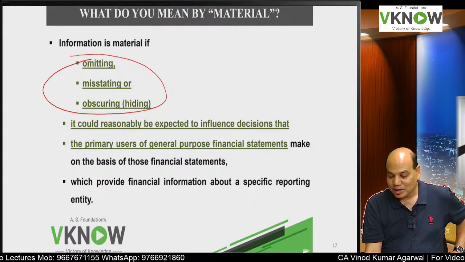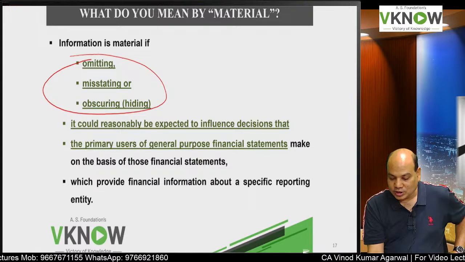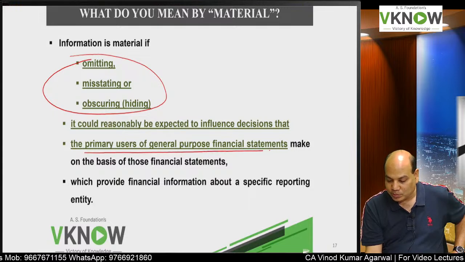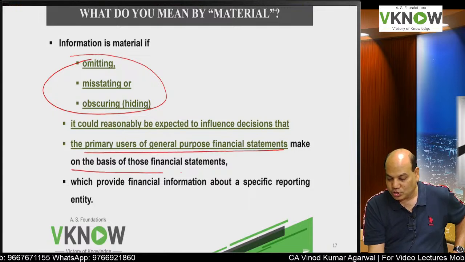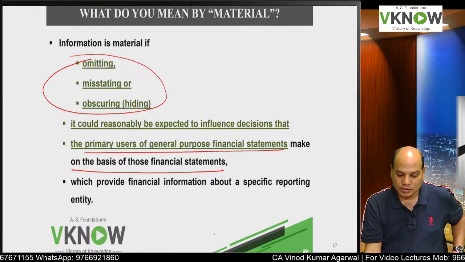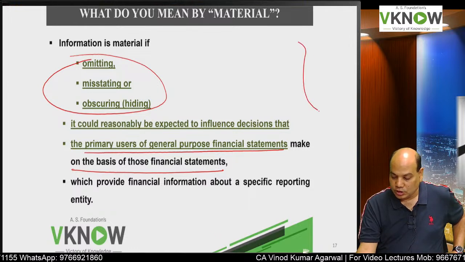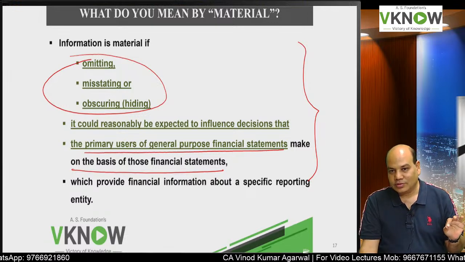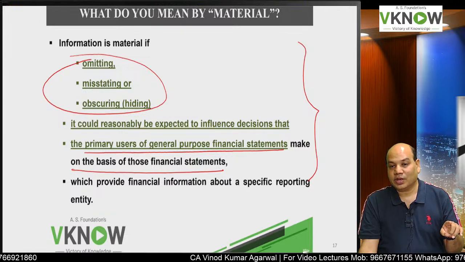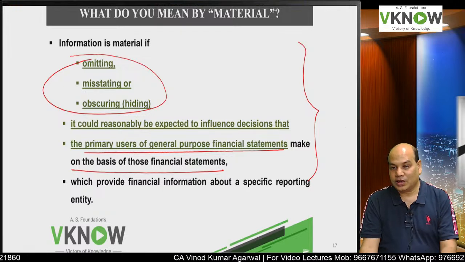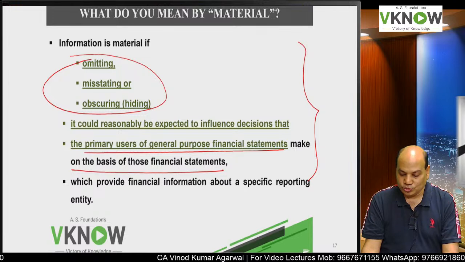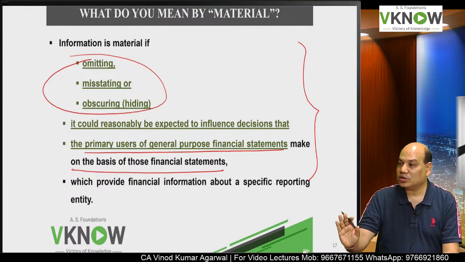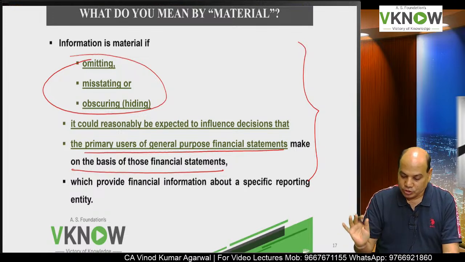It could reasonably be expected to influence decisions that primary users of general purpose financial statements make on the basis of those financial statements. So if information is omitted, misstated, obscured, and because of that it can influence the financial decisions of the users, then such information is material.